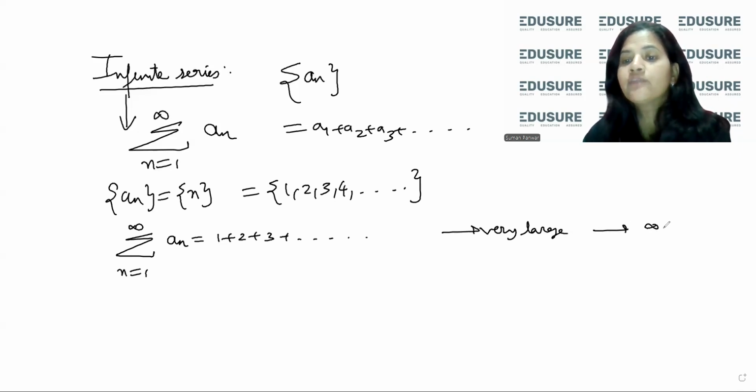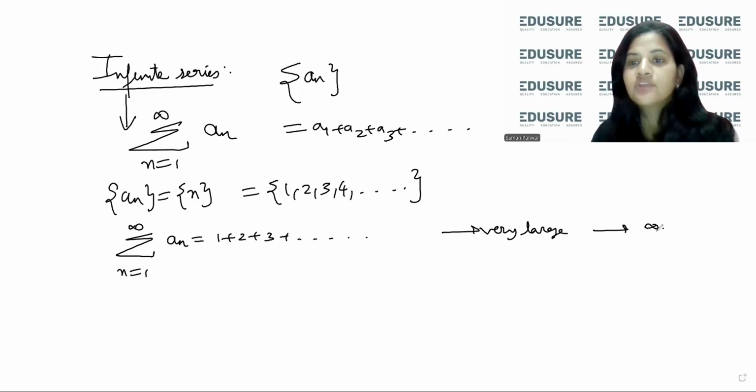This will tend to infinity because I will keep on adding natural numbers and so on. So in this scenario, this particular series is not convergent, and in fact, we say that this particular series is divergent towards plus infinity. So we can see that an infinite series is nothing but the sum of terms of a sequence in order. We cannot disturb the order.